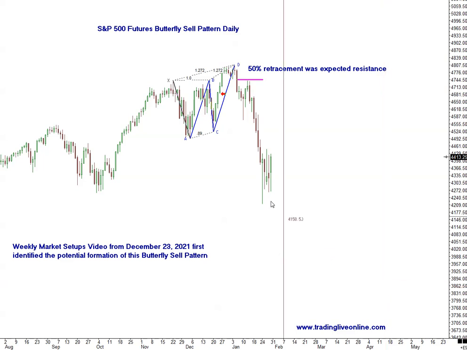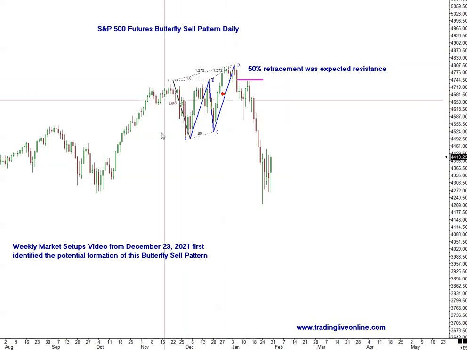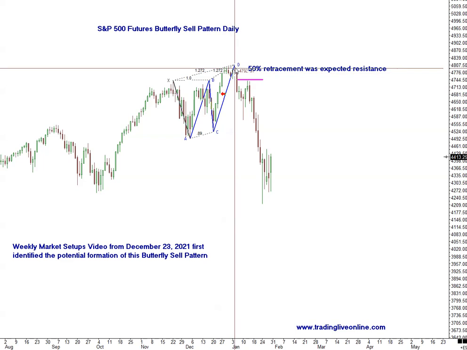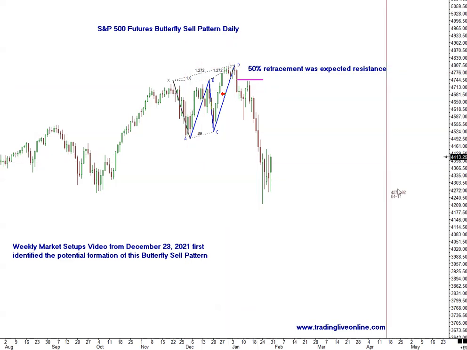And this pattern formed that one day. And Larry saw it and he said, wow, that looks like a butterfly. And if you look at it, it does look like butterfly wings. And so that's how this pattern got its name.